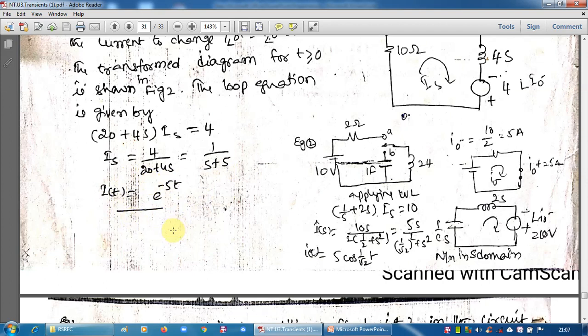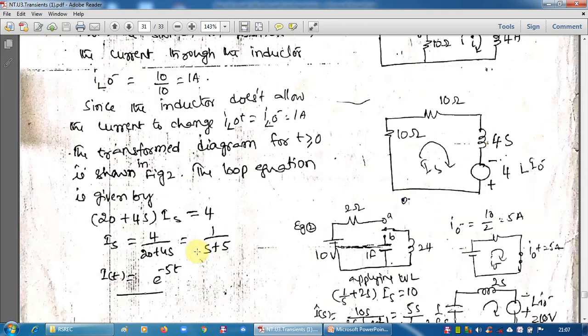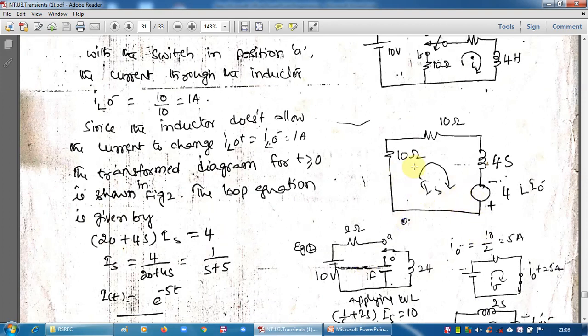So like that, by transforming into the transformed network and writing the expression for I or V or anything, that expression is transformed back by inverse. Here it is simple, we simply transformed.